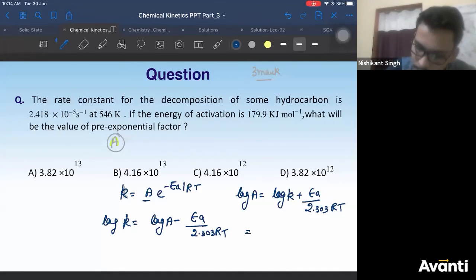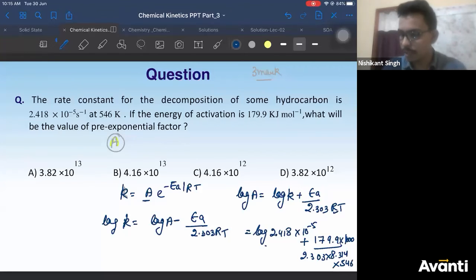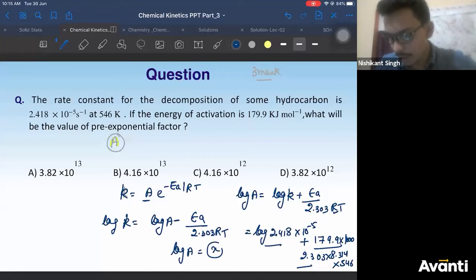So log of 2.418 into 10 power minus 5 plus EA is 179.9 into 1000 to convert it into joule. Why joule? Because the R value is in joule. So 2.303 into 8.314 into temperature, here 546 Kelvin. You can simplify this whole. You'll get the value of log A. Take the antilog of it and A will become the antilog of X.